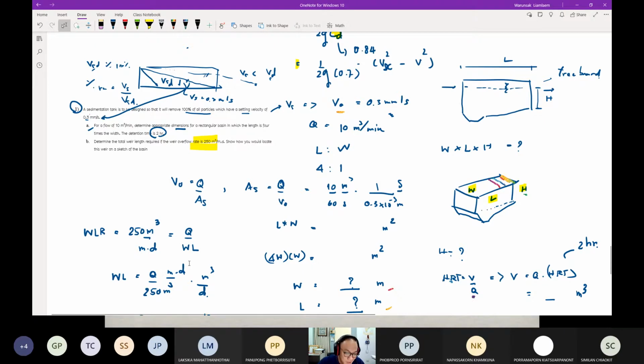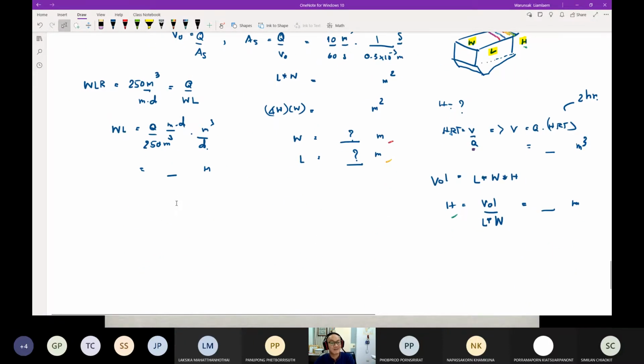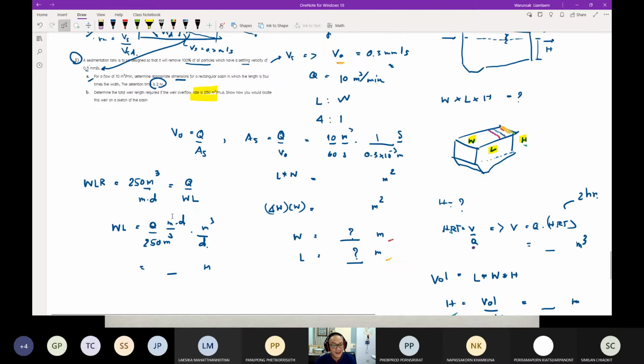This one is the cubic meters per day, and this one is the meters. So at the end, the weir length is expressed in meters, in terms of length only. So finally, you can find out the proper weir length.